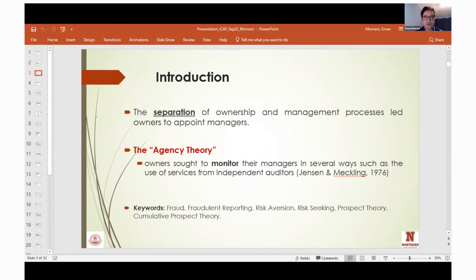The research has a root in the concept of separation between ownership and management in the public sector, basically, and in the security market, when the ownership and management are separate from each other. In this regard, in finance and accounting, we have the concept of agency theory and the conflict of interest, which results in the owners seeking to monitor the management in several ways.